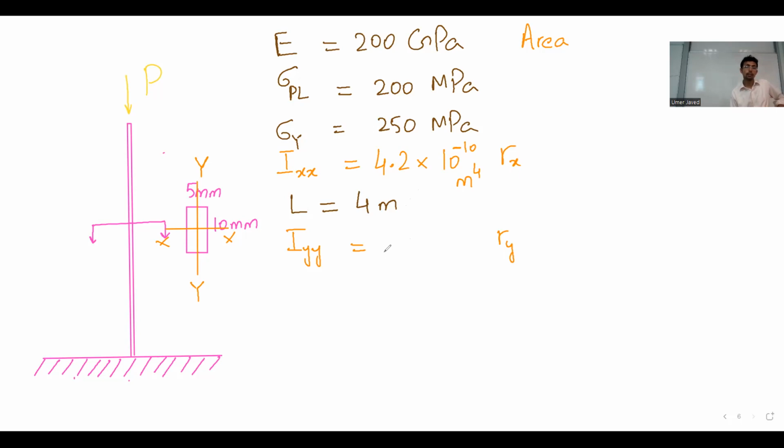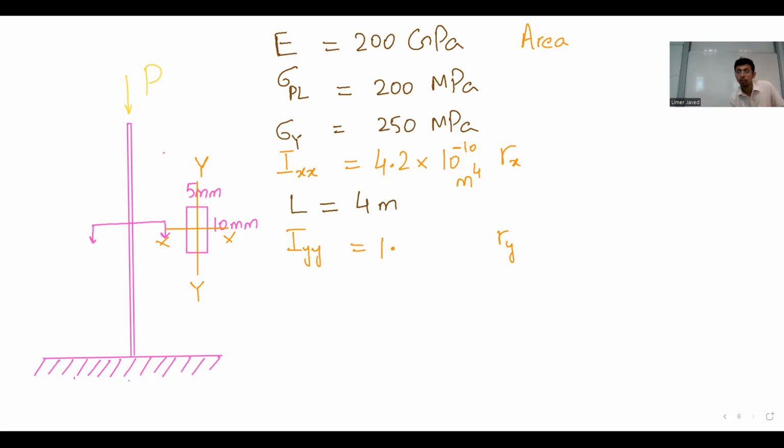What about IYY? 5 cubed times 10, divided by 12. You have to give me that by calculator. I found 1.04 times 10 to the power minus 10 meter.